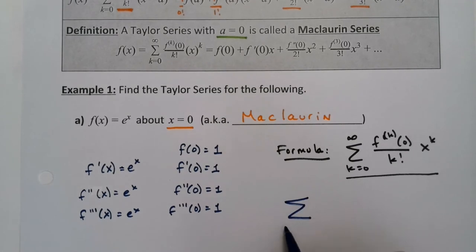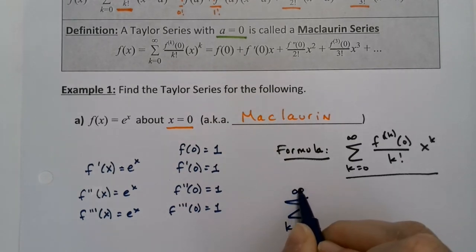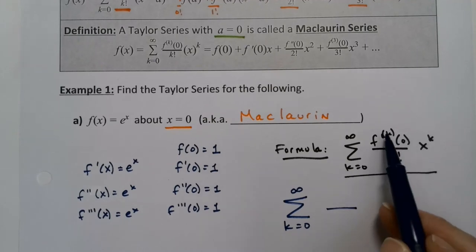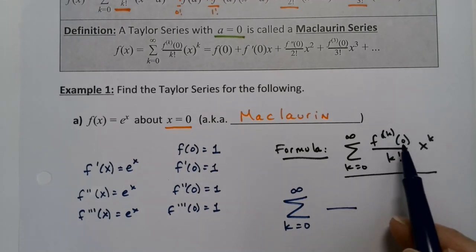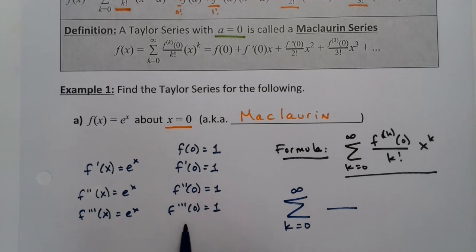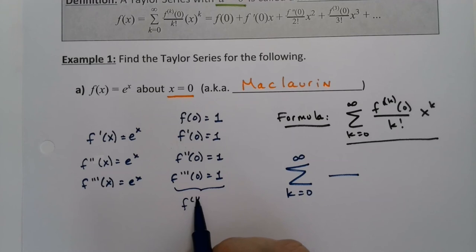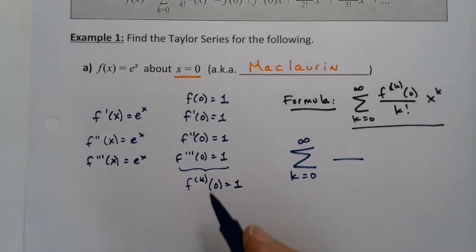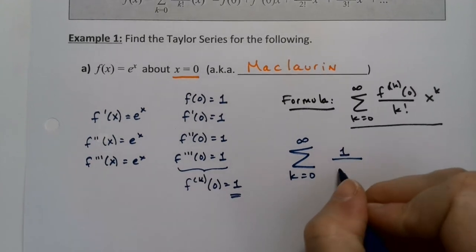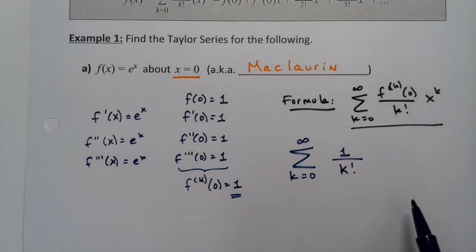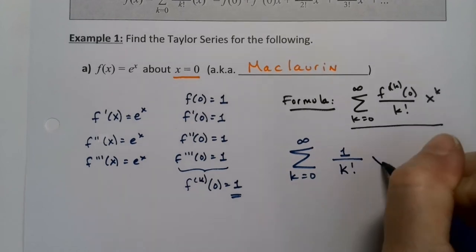Well, obviously it's going to be a series, and then we're going to have f^(k) of 0. But in this case, it's always 1. If you look at the kth derivative at 0, it will always be 1 no matter what. That's why e to the x is everybody's favorite, because it's so easy. And then it'll be divided by k factorial, so that'll change for every piece of this. And then it'll be x to the k.